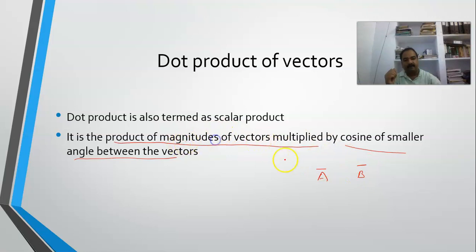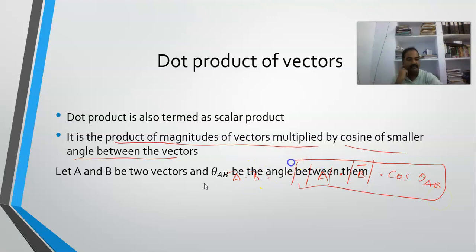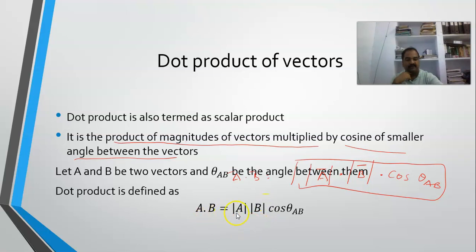It is the product of the magnitudes of the two vectors and the cos of the angle between them. I'll show you the formula now. Let A and B be the two vectors, and theta AB be the angle between them. Then the dot product is defined as A dot B equals magnitude of A into magnitude of B into cos theta AB.